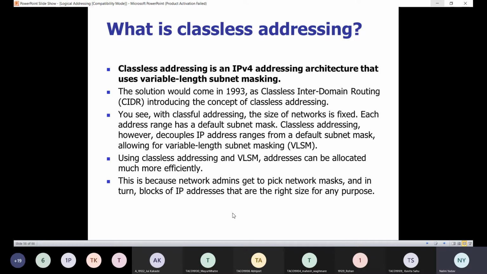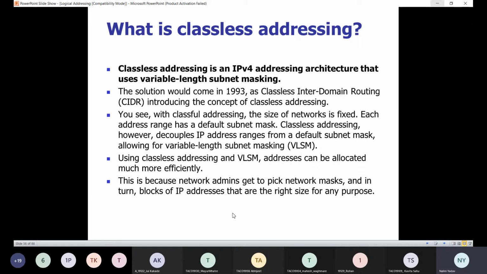In classless addressing, we do not have the default subnet mask. There it has the variable length subnet mask, and that's the reason we also call it VLSM. What is this VLSM? Variable length subnet masking. So CIDR with VLSM gives us the concept of subnetting.